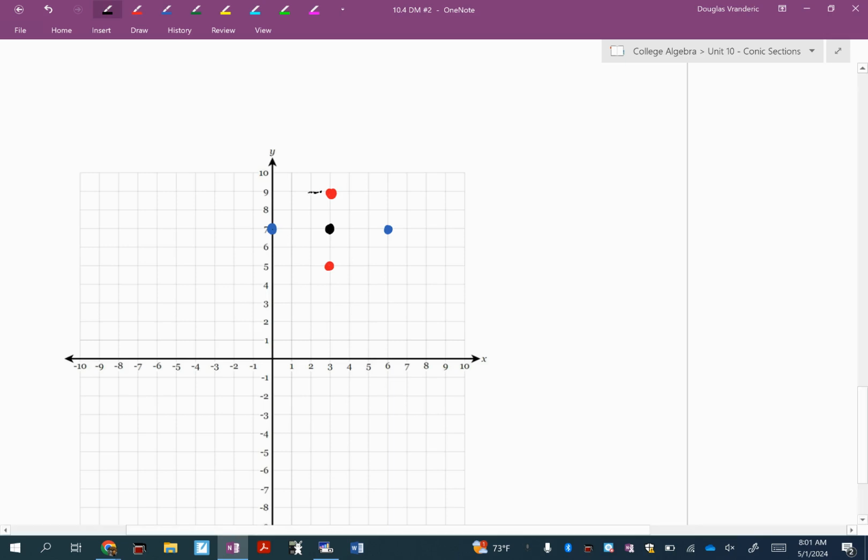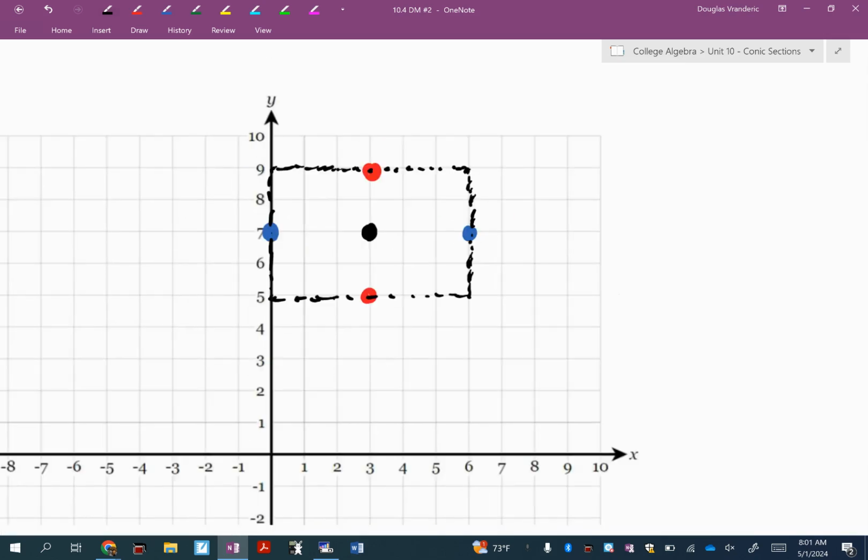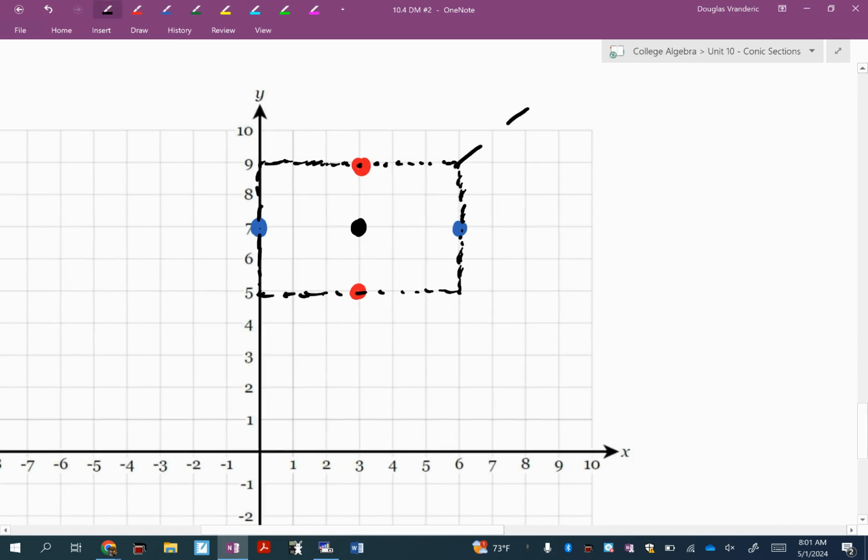Don't forget to do the dotted or dashed rectangle. Once you do that, use your ruler to draw the asymptotes that go through the corners of this box. And you'll have the rulers when you're doing the test next week.